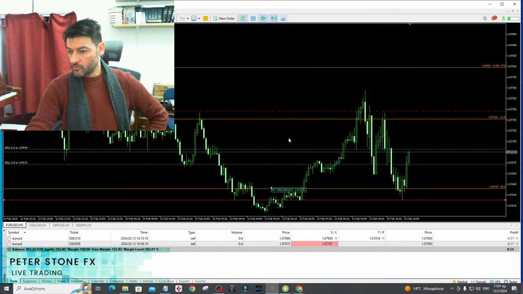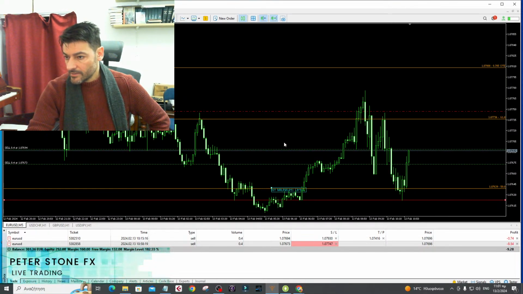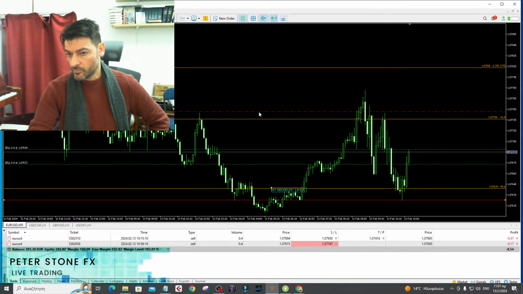So this fair value gap here, this imbalance, was filled here at exactly the point. It's also the New York Midnight Open. Let's see how far it will go. If it goes really with a strong movement upwards, I will move my stop loss to here.